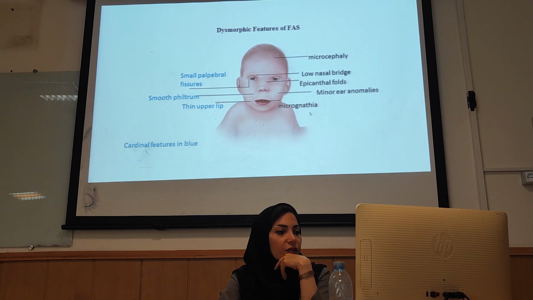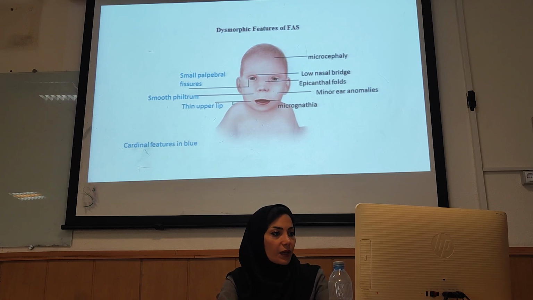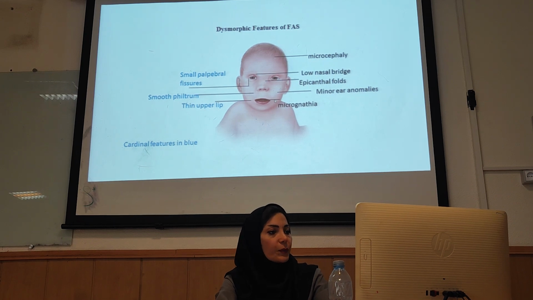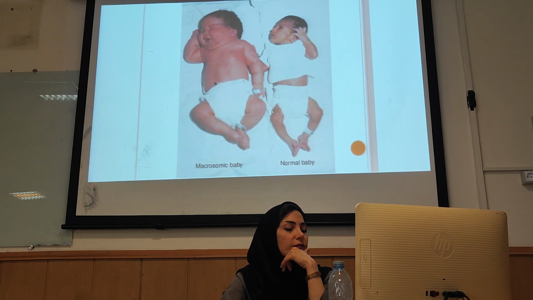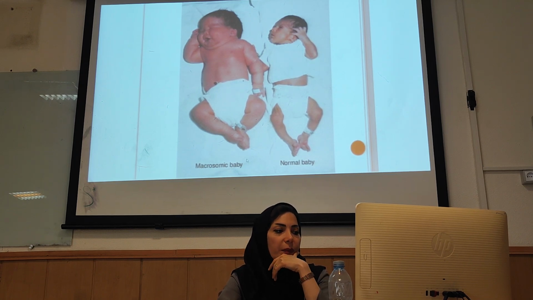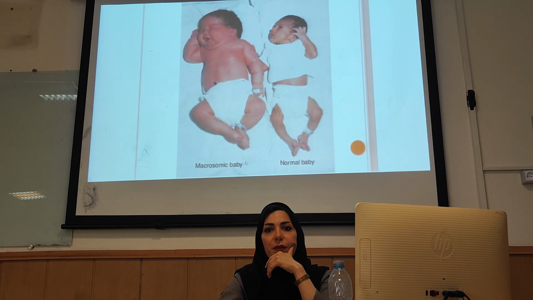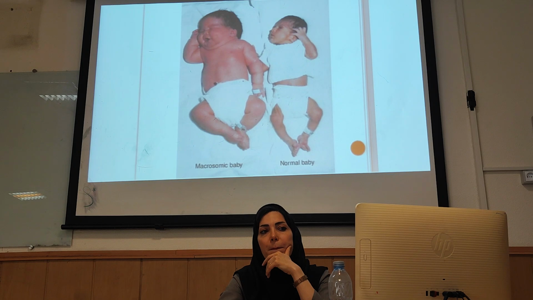And micrognathia, all of them are manifestations of the fetal alcohol syndrome. Smooth philtrum, so-called smooth philtrum. This photo shows a comparison between a normal baby and a macrosomic baby. You know macrosomic baby, macrosomia. What does macrosomia mean?